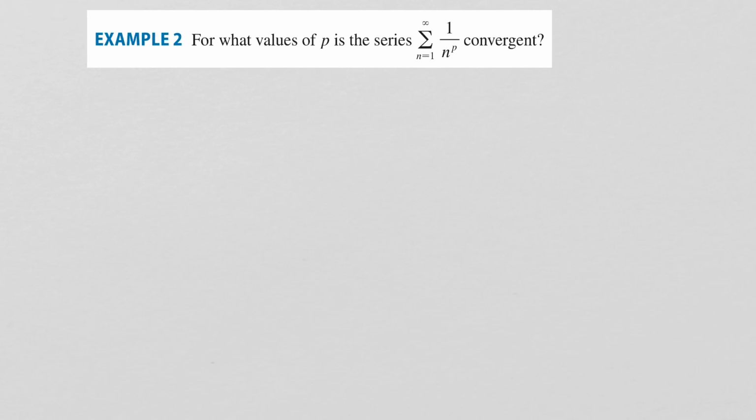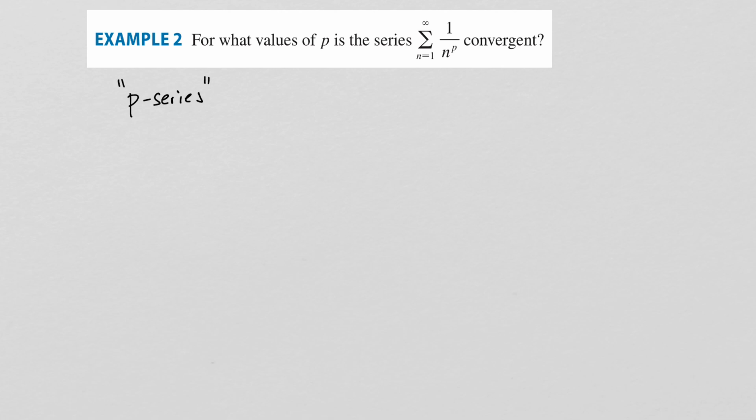For the next example, we ask the question, for what values of p is the series 1 over n to the p convergent? Just to be clear, this series has a name. It's called the p-series.